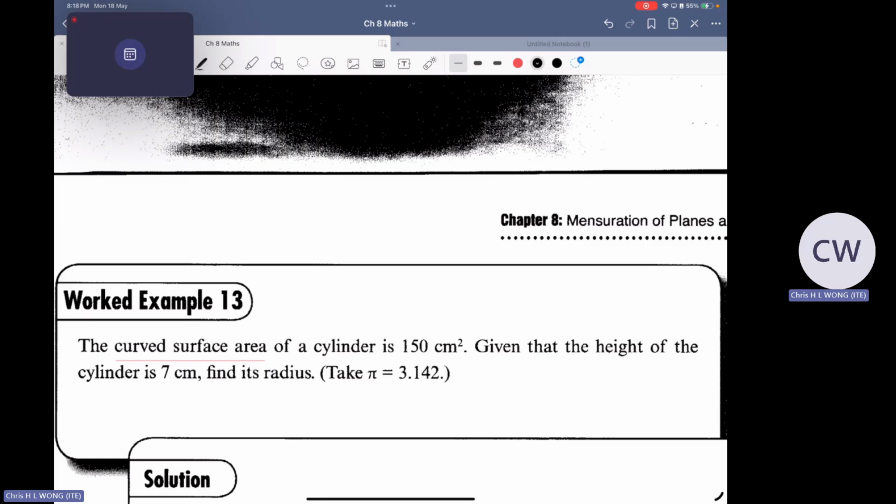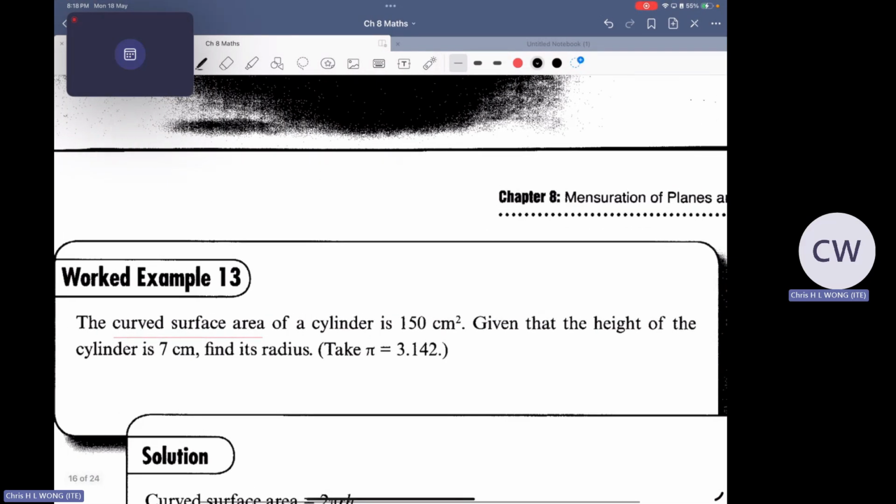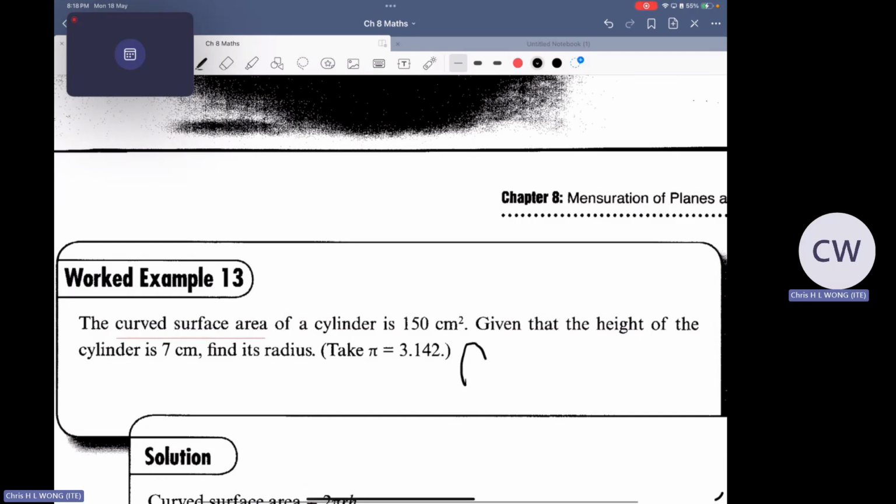If I draw the cylinder out for you, let me draw a cylinder out for you, okay? It looks like this, a cylinder. You're supposed to find the radius r.